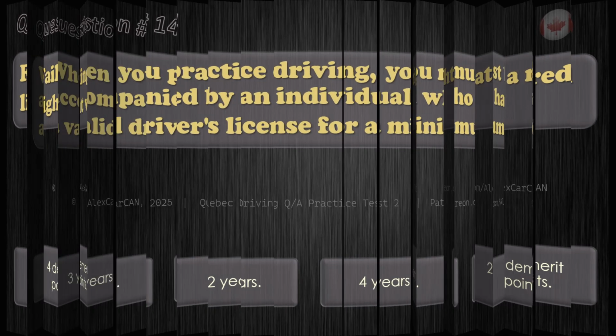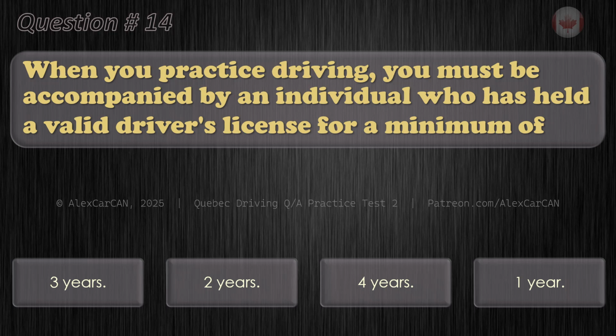Question number 14. When you practice driving, you must be accompanied by an individual who has held a valid driver's license for a minimum of 3 years, 2 years, 4 years, 1 year. The correct answer is 2 years.